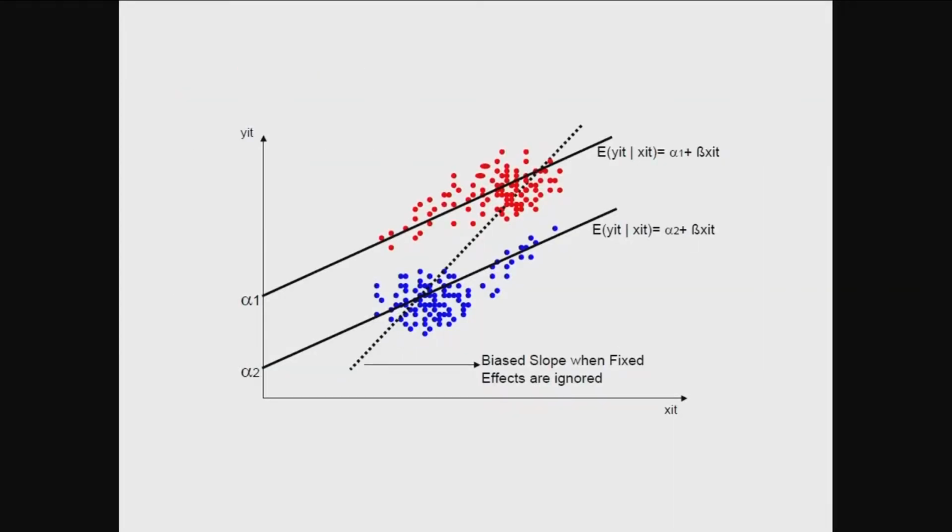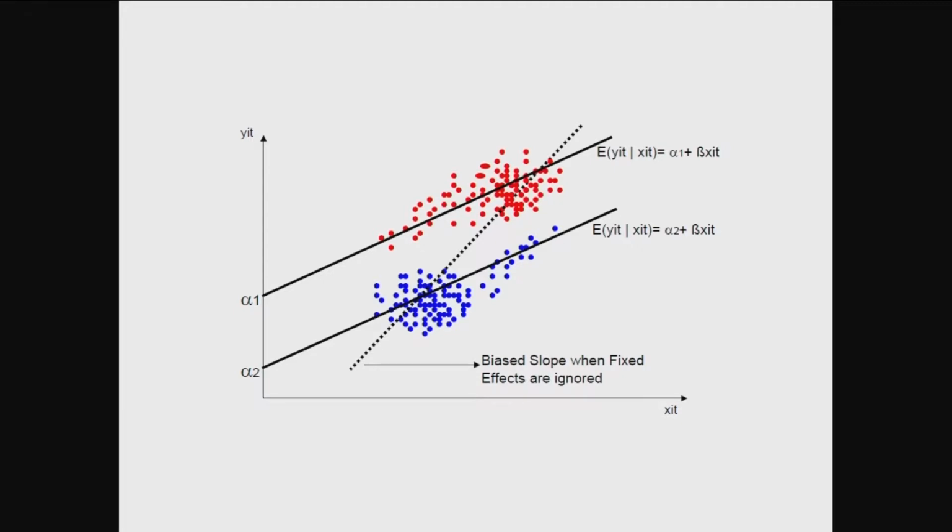So let's forget about these two lines, and we'll just focus on the two scatter plots here. If I estimate my model using an OLS, this means that the fitted line that I estimate through OLS will be the dotted one.